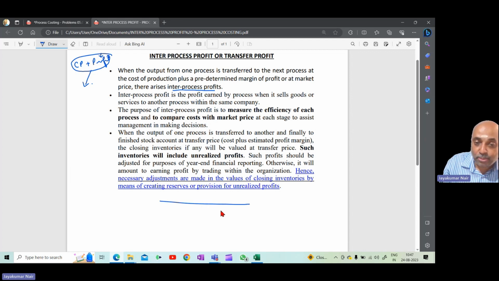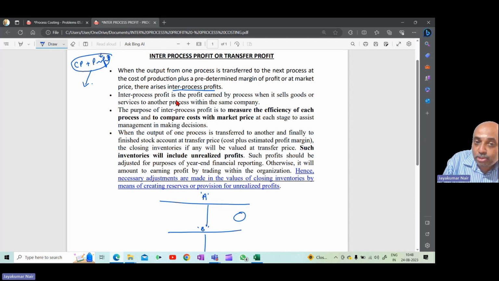So you know that in process costing, there are different processes, say process A, and you have process B. So if the output of one process is transferred to the next process, not at cost, but cost plus some amount of profit, then there arises inter-process profit.